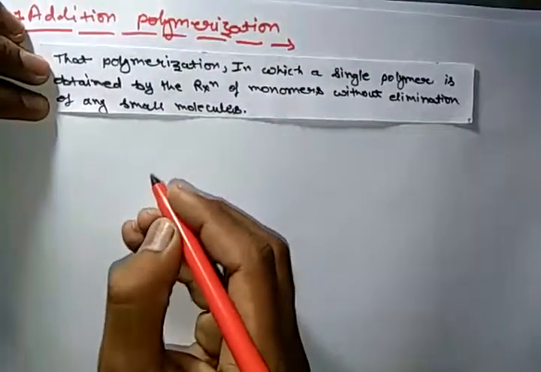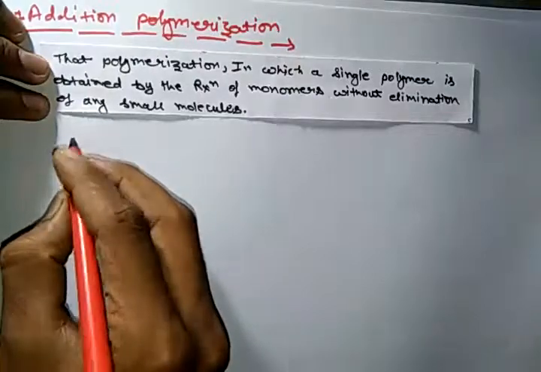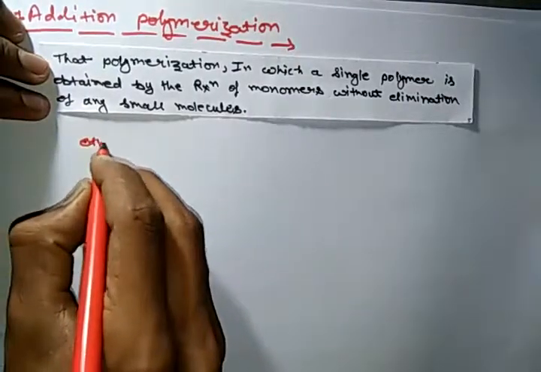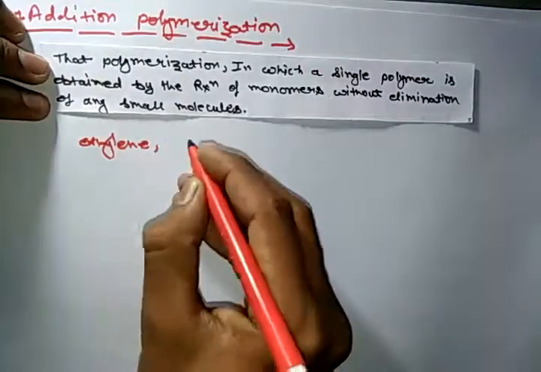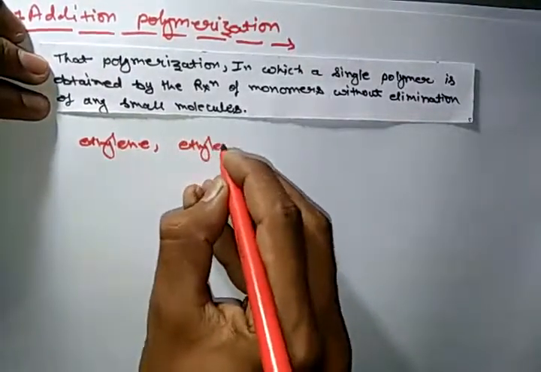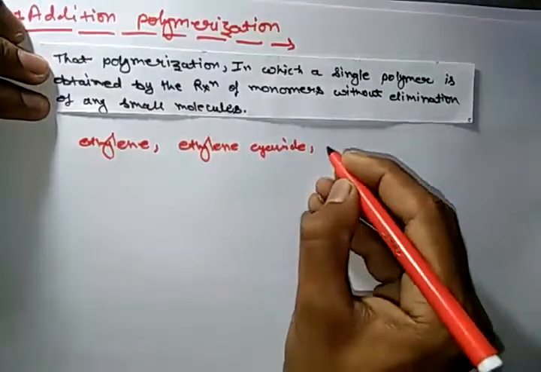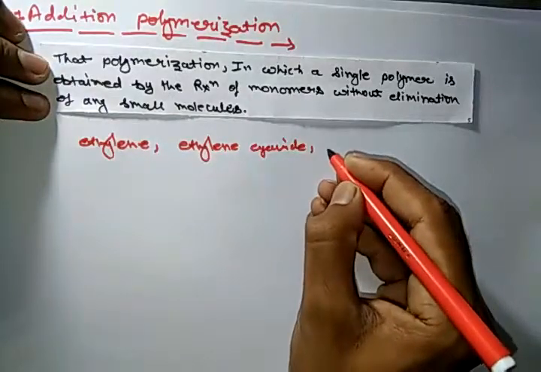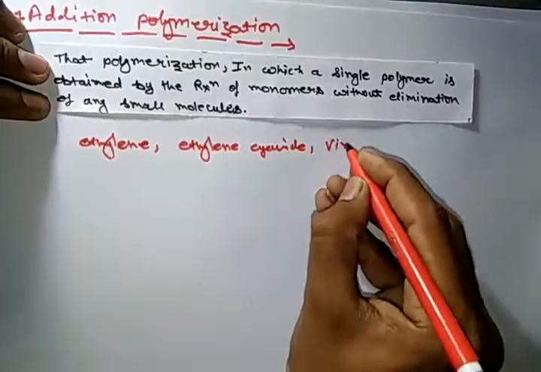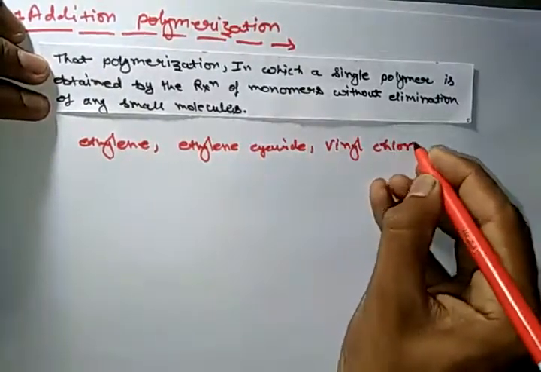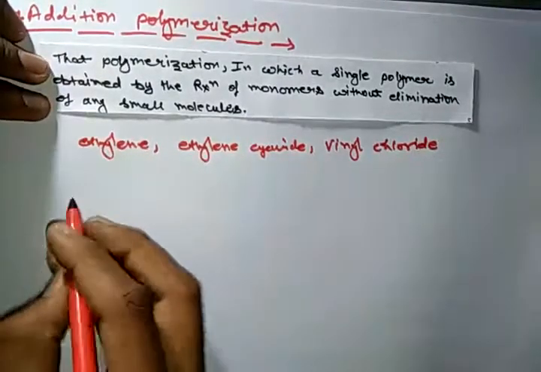For example, we can take here ethylene, ethylene cyanide, and vinyl chloride and tetrafluoroethylene.